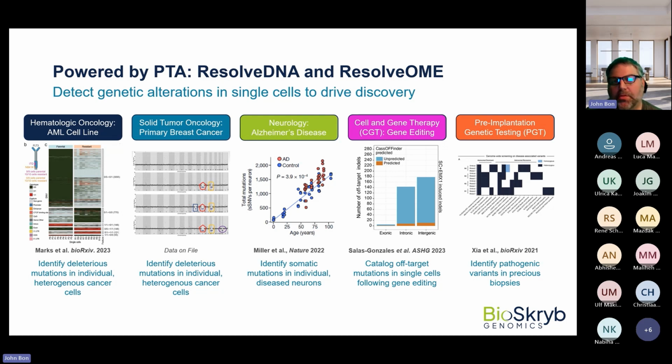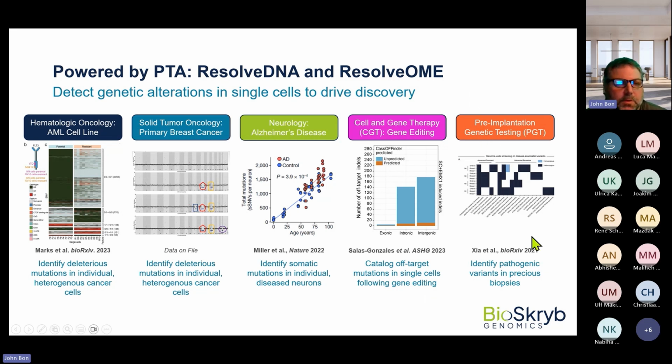You could do both on and off targeting, because we're getting the whole genome amplified. And if you have a genetic element that needs to express a functional messenger RNA molecule, you could look at that as well with ResolveOME. So you get the whole genome amplified, plus you can detect that expression.